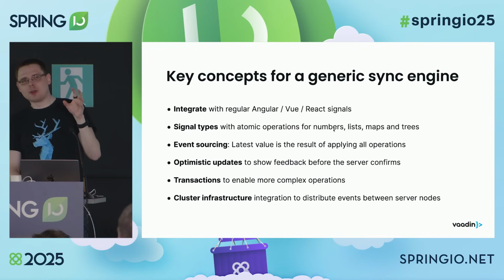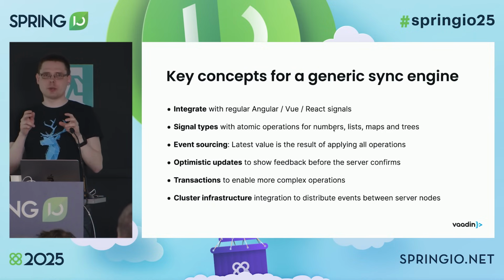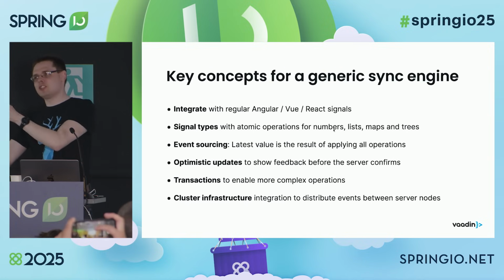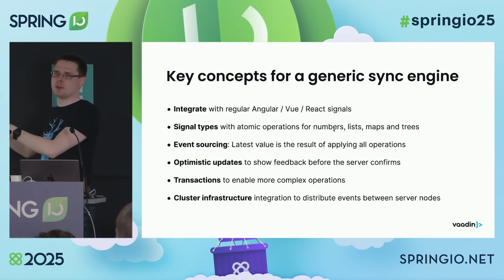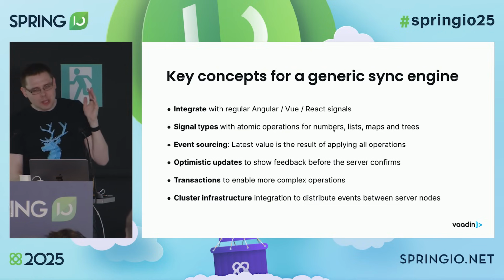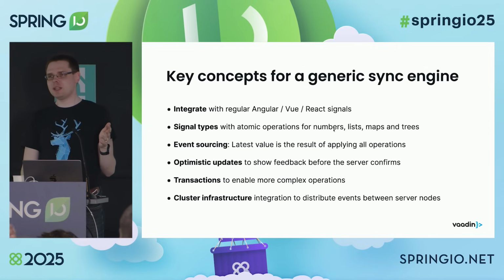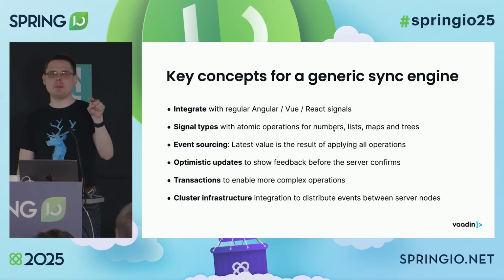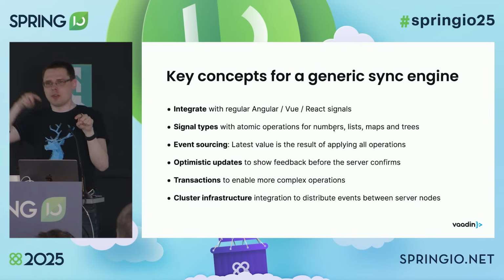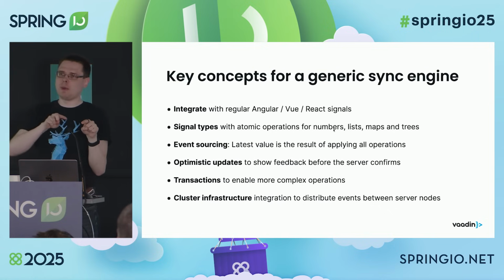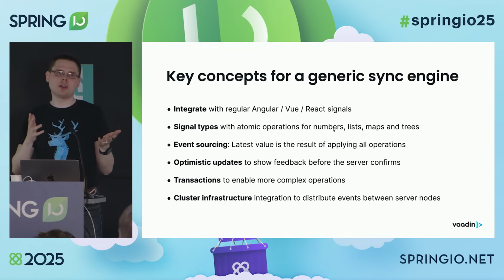An event sourcing approach is something I recommend for the server part of it. Basically, the value of this signal is just the sum of applying all the events that have happened through history, and then you optimize with some snapshots and things. You need to take care of optimistic updating so that you get feedback to the user immediately when they click the button, but at the same time it takes a while until the message has gone through the server and come back and you see, okay, there wasn't any conflict.